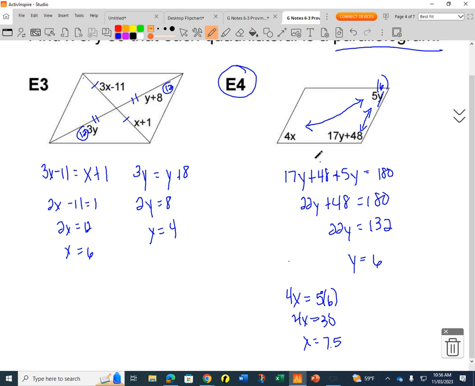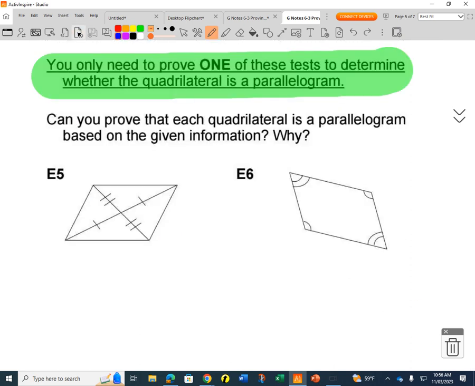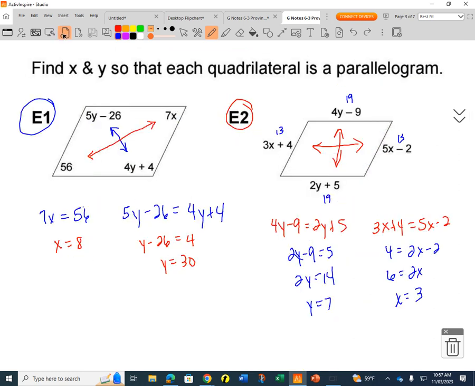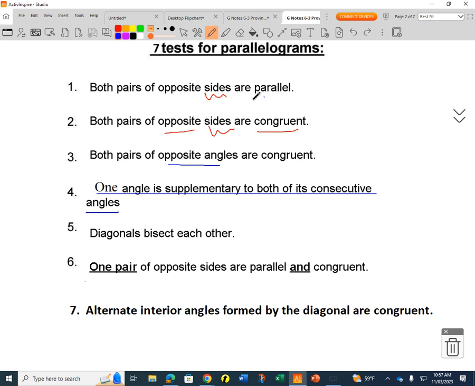All right. I do want you to highlight or put a star by this. You do not have to prove all of those tests we just gave. You only need one of them. You do not have to have all 7. So for any of these tests, if I can prove that both sides are parallel, if they're marked both sides parallel, I don't have to look any farther.